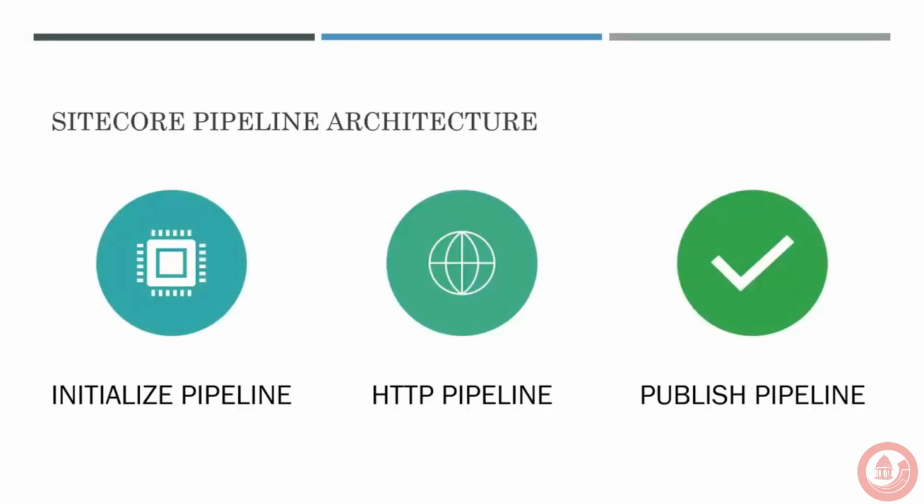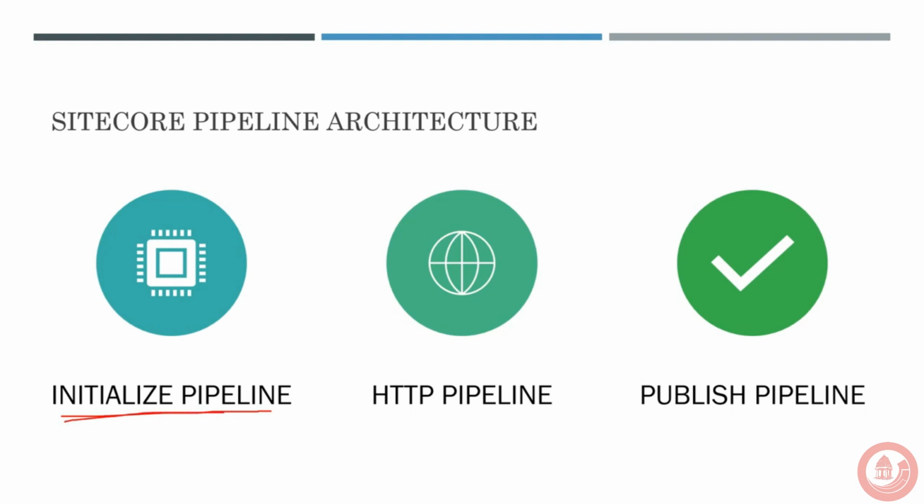Now, let me give you some examples of the pipelines that exist in Sitecore. So the initialization pipeline is there. Whenever your Sitecore is started, it will initialize itself by allocating some memory. It will cache some items. It will run a few background operations there.